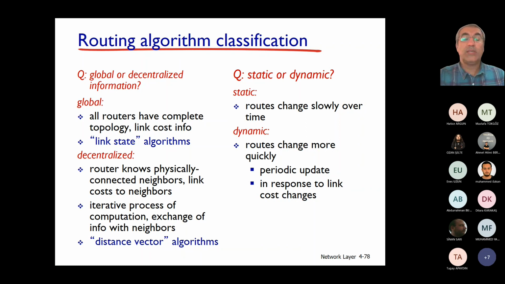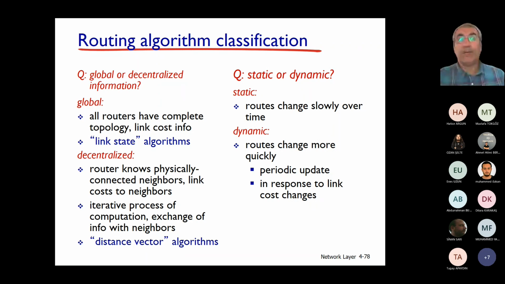This approach is employed by the distance vector algorithms. So that's the main difference. In the first, global approach, all the routers have complete topology and link cost information. In the second, decentralized approach, a router knows only physically connected neighbors and the link cost to the neighbors.